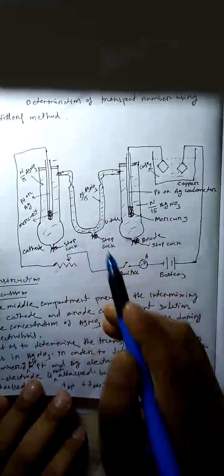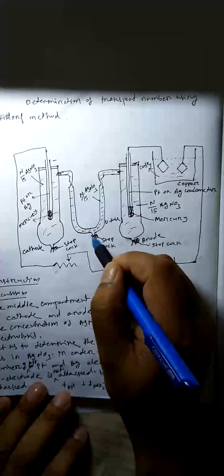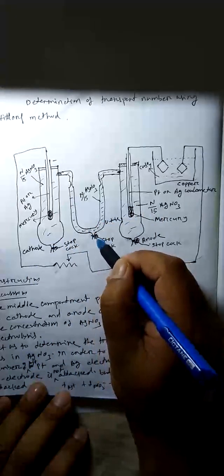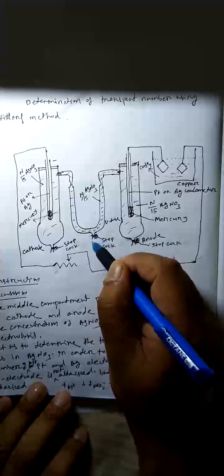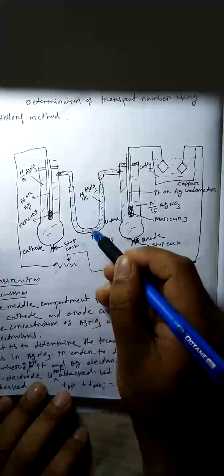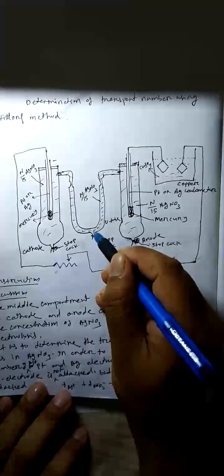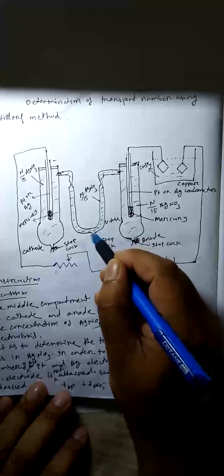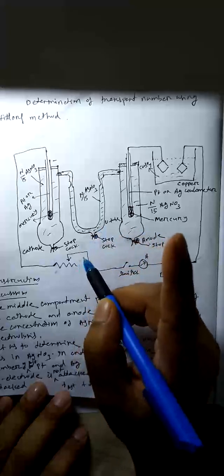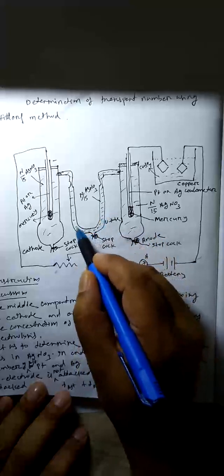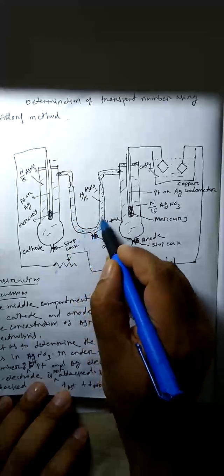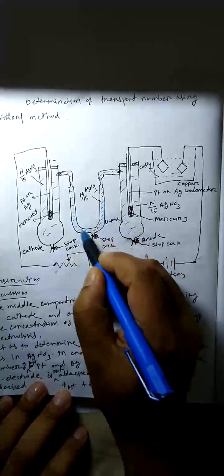Then, in the next step, you open the stopcock, remove the solution from the U tube and analyze whether its concentration changes or not. The concentration should not change. You should keep in mind that if the concentration of silver nitrate changes in the U tube, then there is a mistake.